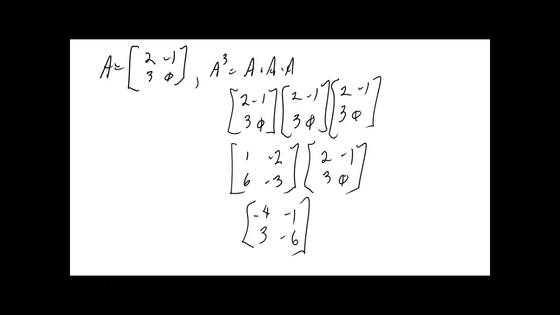Now, even though these are not hard to do, the definition is pretty simple. There's nothing you can conclude at the end. This a cubed has no relation to that except it's a times a times a. You can't look at that and say, oh, that's a cubed. I find it interesting that the diagonal has stayed the same, the negative 1 and 3.